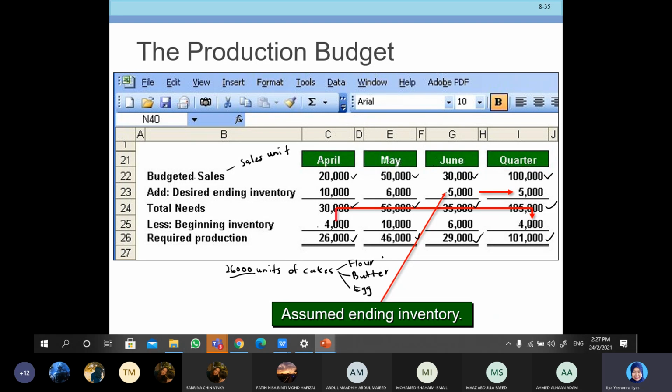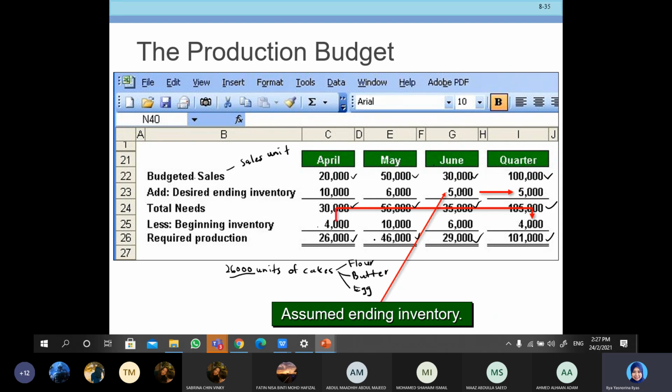Okay, let's say we need 2 pounds of flour for each cake. Okay, direct material, please buy 52,000 pounds of flour. Can we do that? Cannot, right? Because some of the flour is already in the warehouse.